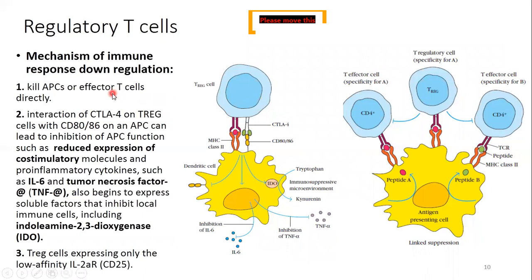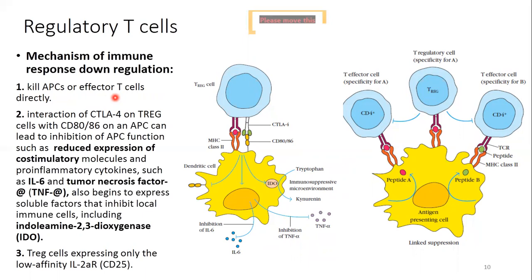There are three basic pathways. First, they can kill antigen presenting cells or effector T cells directly by releasing granzymes and some other cytolytic proteins.